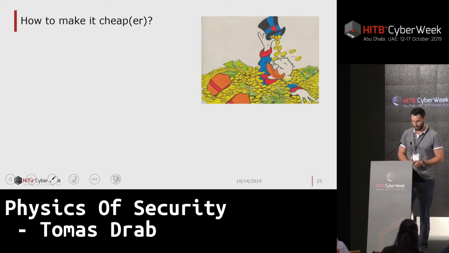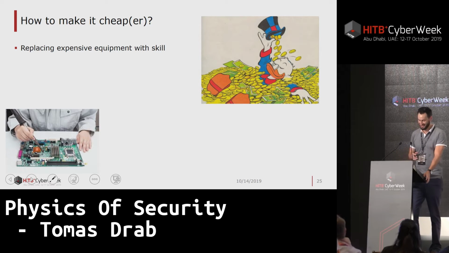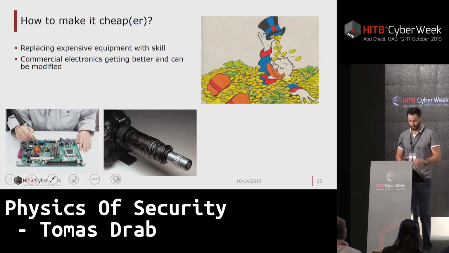And okay, how to make it cheaper? Basically you can replace all the expensive equipment with your skills, like my colleague noticed that he's doing it wrong. Or you can buy just commercial electronics and change it to your purpose.